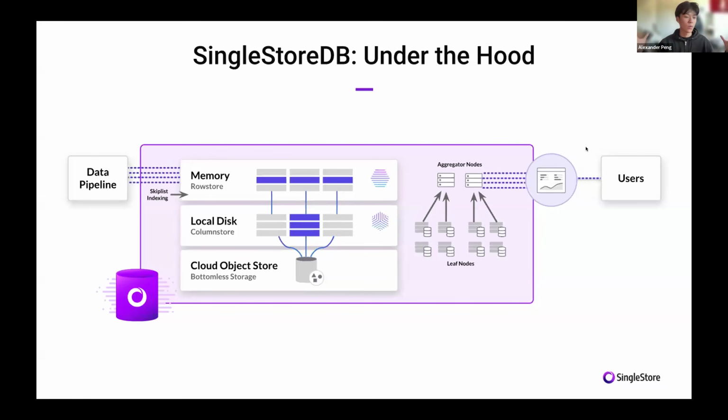What it does under the hood is aggregate all of these data storage formats under one database that's automatically managed by our proprietary technologies, so that you can get the best of both worlds. You can get super fast read-write performance and also bottomless storage in a single database, in a way that saves you money and saves you time.